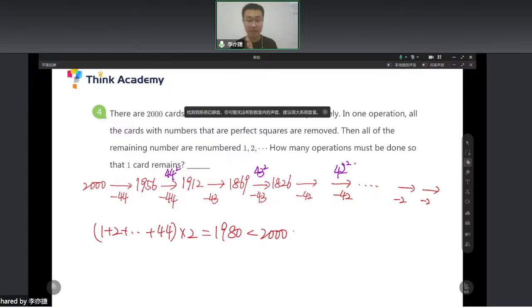So how does this happen? Because during one of the processes, actually we need a 19 here. The reason is when we keep doing this process, we will eventually move to a square number which is just on the road. So the number is 20 or 19.